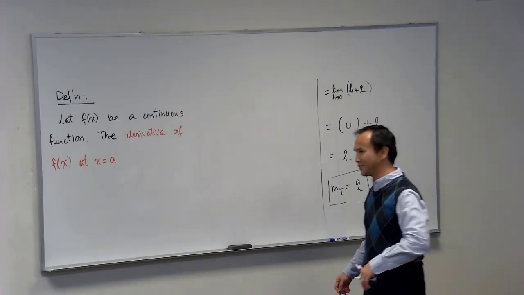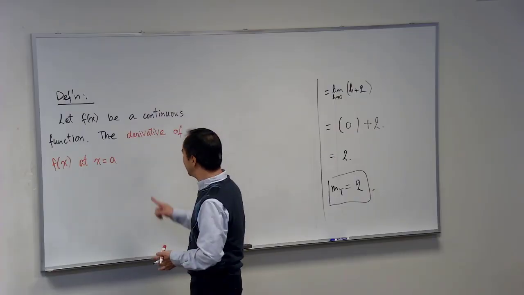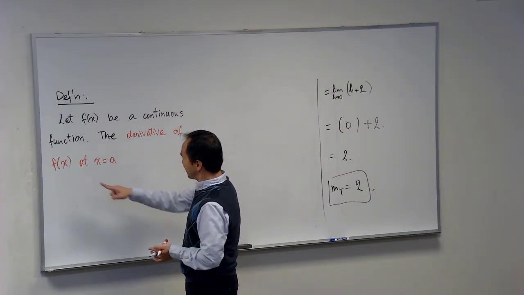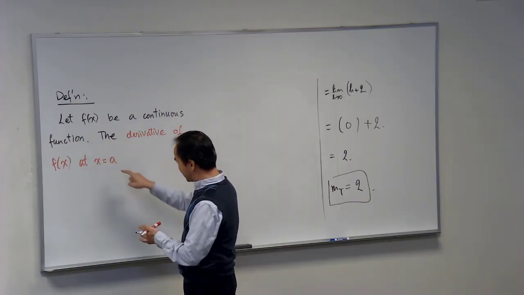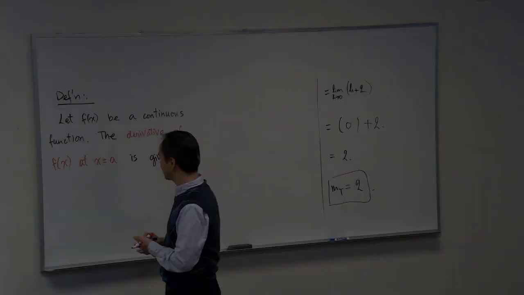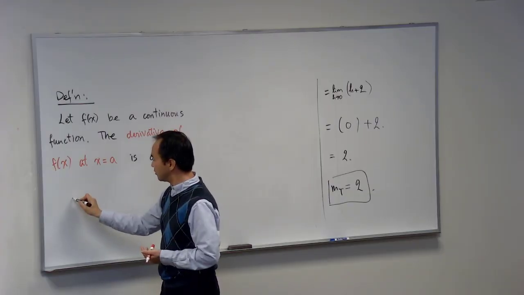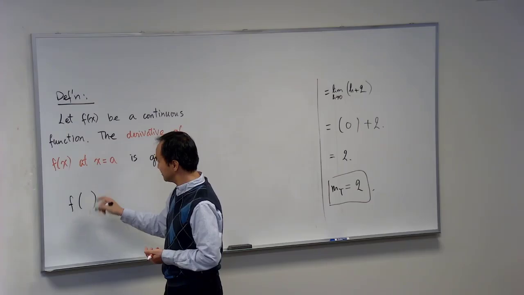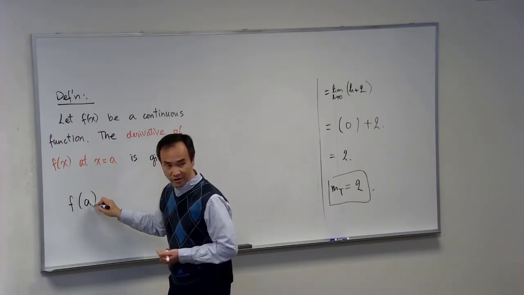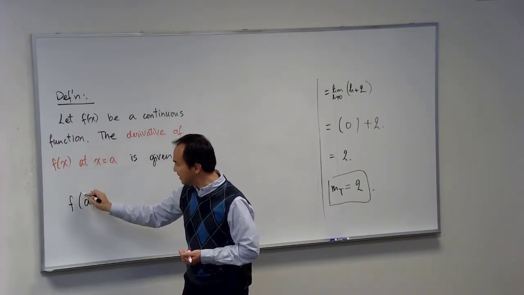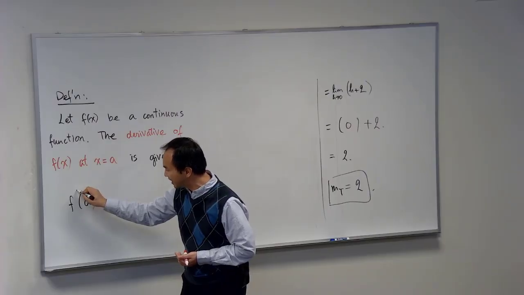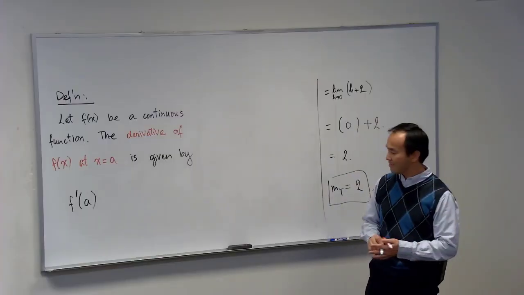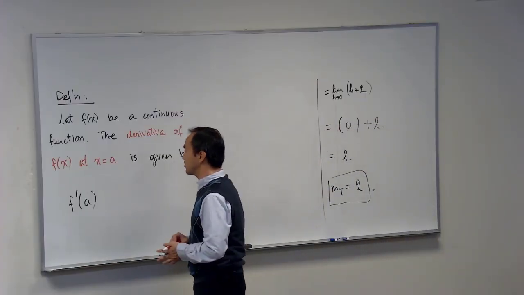We've been looking at tangent lines and the slope of the tangent line and all that, but then all of a sudden I'm introducing the derivative. So the derivative of that given function at some given point has this symbol. The function is f of x, but here at a, I substitute a into the function, and then it's the derivative. I use the first symbol I introduced for you guys, f prime again. So f prime of a is called the derivative of the function.